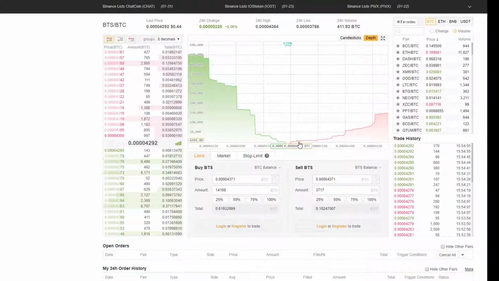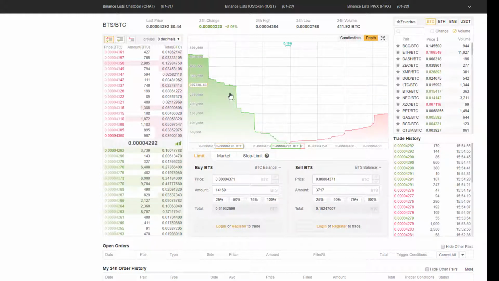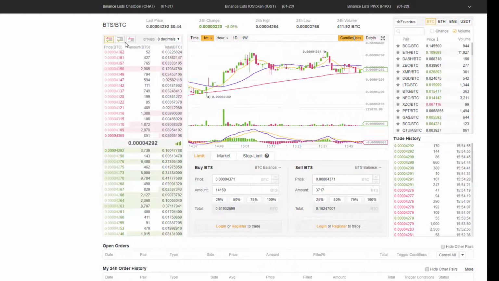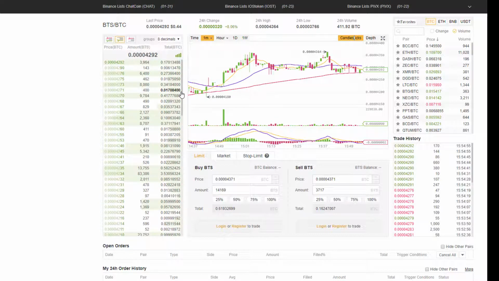The spread is still a little bit wide. One of the things is that there's a couple key support levels building up here. We look at here, there's 3.5, 13,000, 5.3, 23,000 here. So there's a couple key support levels that are building up.